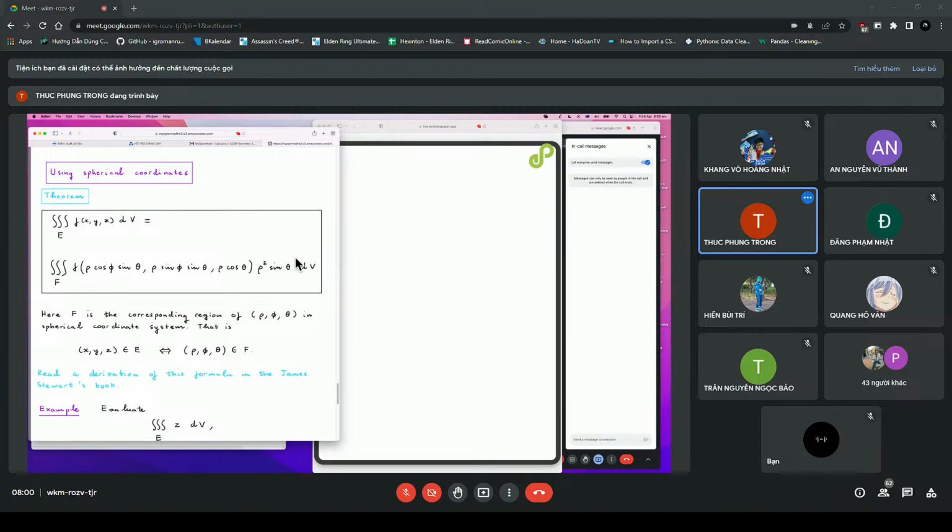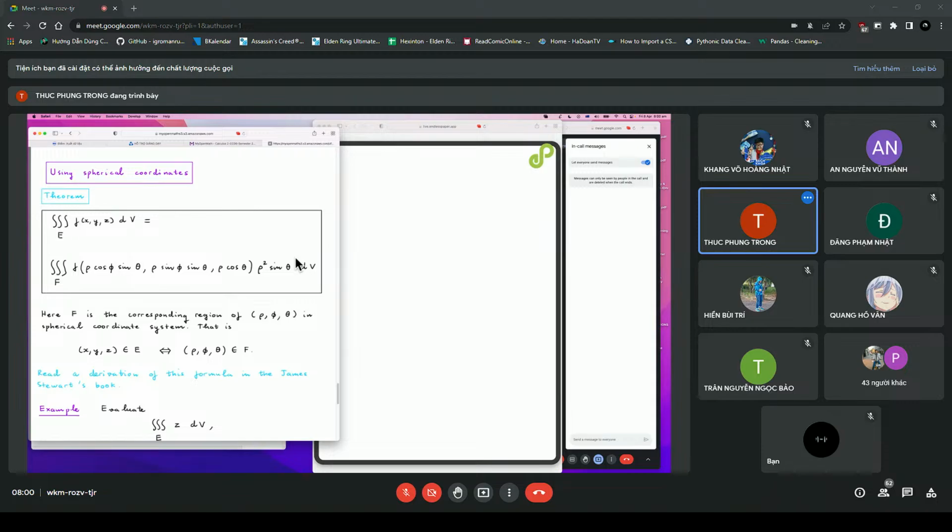You can read or go back to the assignment we have. So you only need to know F, the domain for rho, phi, theta, and then you put that in here. We apply this formula, and we can evaluate this integral.